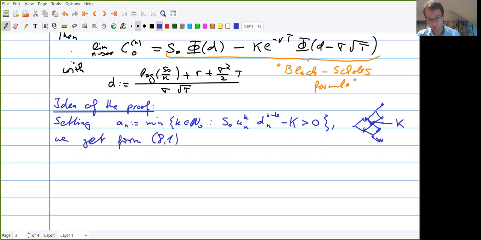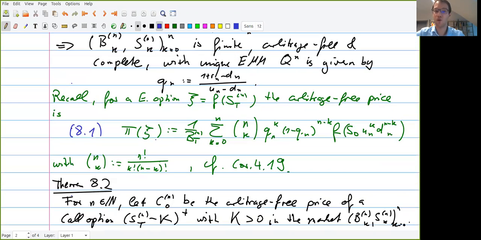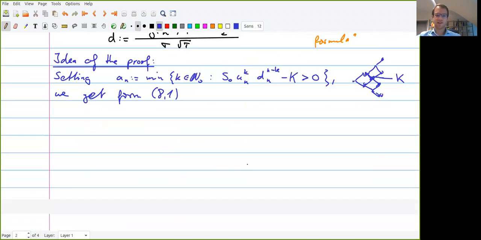So we go back to our formula, which gives us the price of a call option in the n-step model. Well, here our function f is now given by our call price. So we can plug in this and the definition of a_n to get the following.